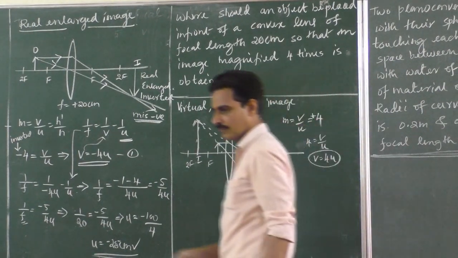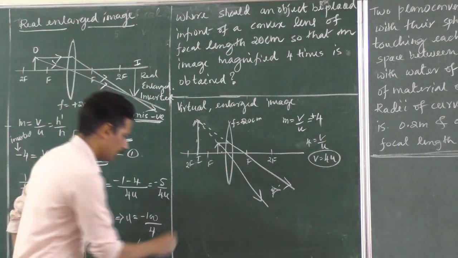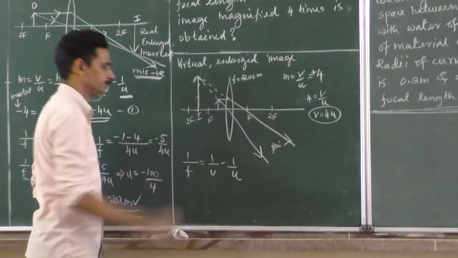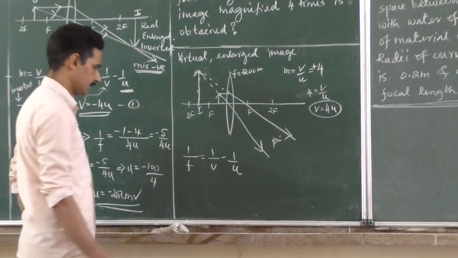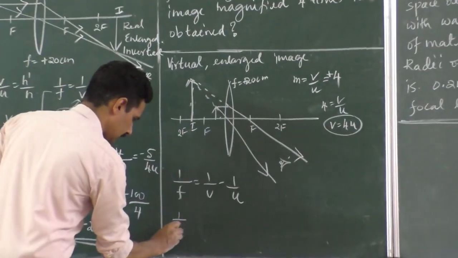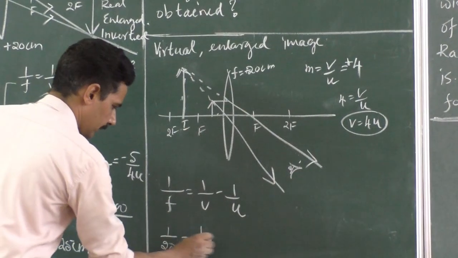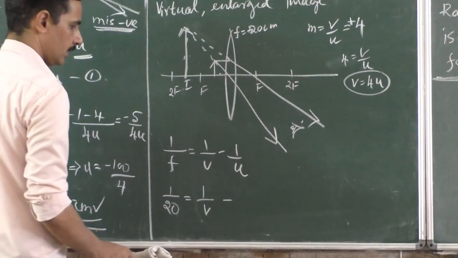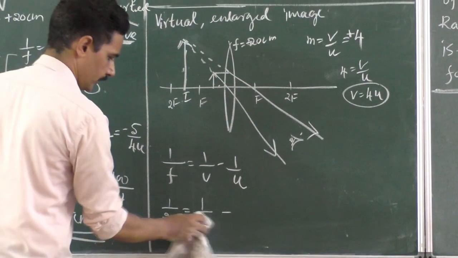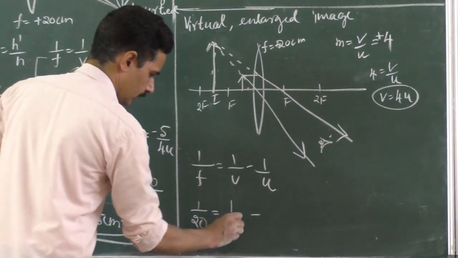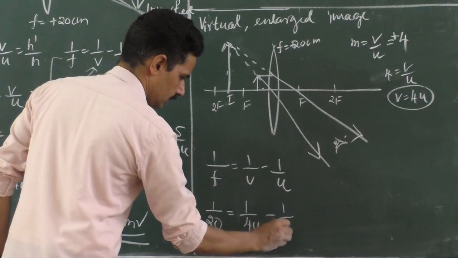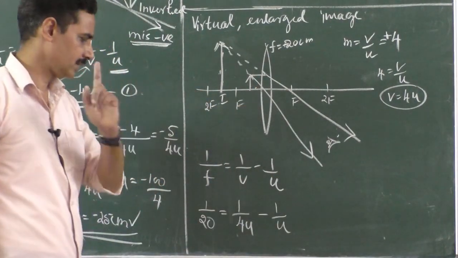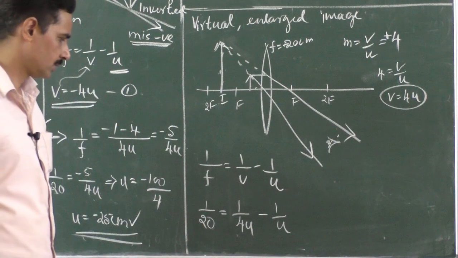Now take the lens formula, substitute it in the lens formula. 1 by f is equal to 1 by v minus 1 by u. 1 by 20, let it be in centimeter, is equal to 1 by v minus, as usual, v you can substitute, v equal to 4u, so 1 by 4u minus 1 by u. And as usual, u is on the left hand side, u must be negative, no doubt.